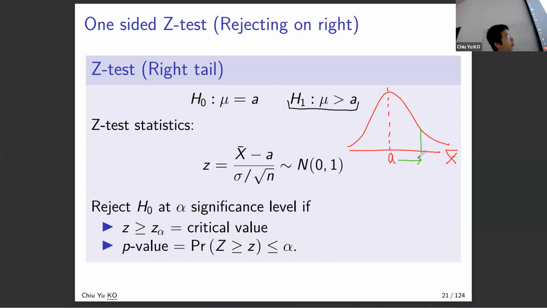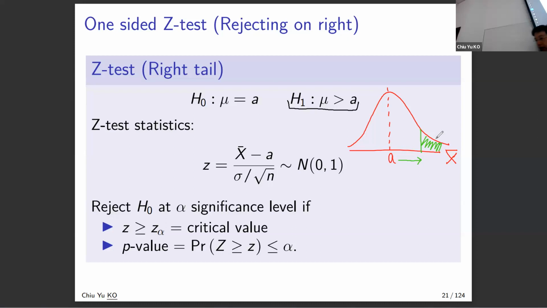And how do we usually quantify that? Same as hypothesis testing. We will call this far away if this area is small. Let me repeat the statement. We are not happy to keep the null when X bar is too large.